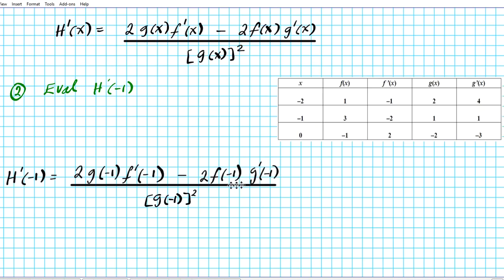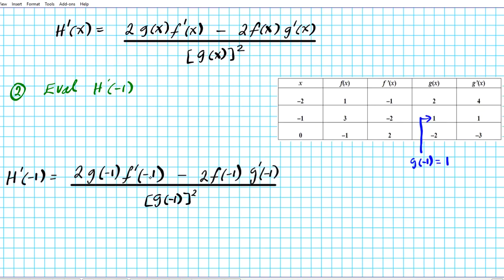Let's start with g of negative 1. g of negative 1. So if you look at this table, all you want to do is look for the intersection of g and negative 1. So this value right here, this g and negative 1, this, ladies and gentlemen, is what g of negative 1 is. So g of negative 1 is 1. Bam.